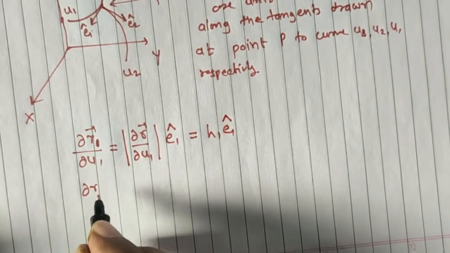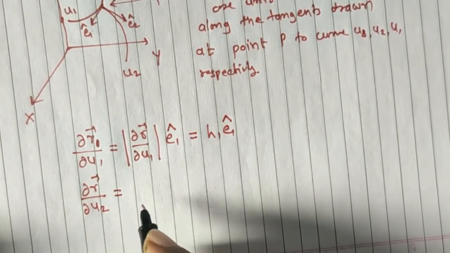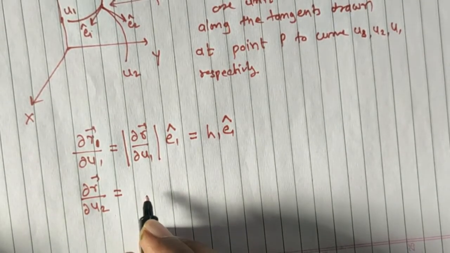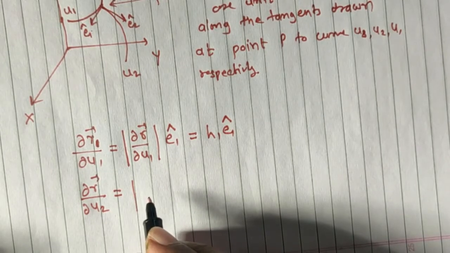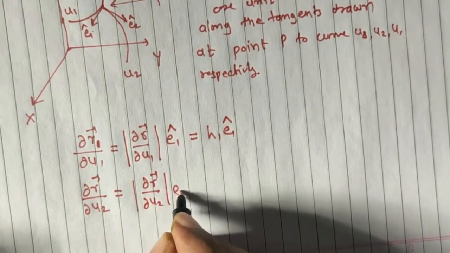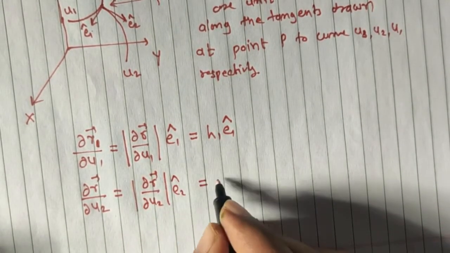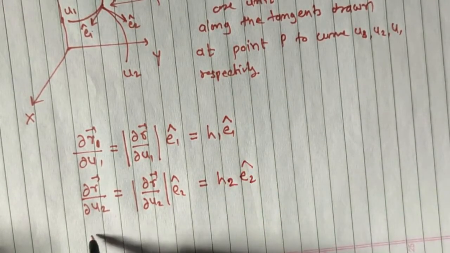Similarly, I can write for delta r bar by delta u2. This is the derivative of r bar with respect to u2. That will be the partial derivative because r bar is a function of u1, u2 and u3. So this will be the magnitude, e2 cap, and I can write some h2 e2 cap.